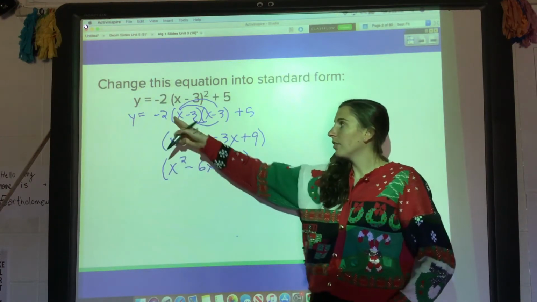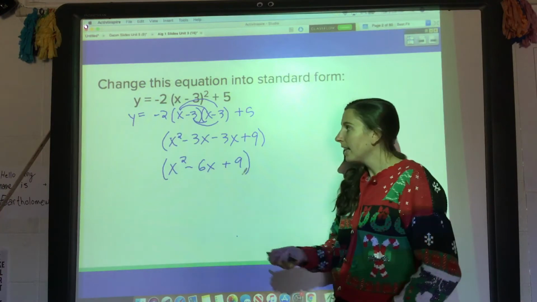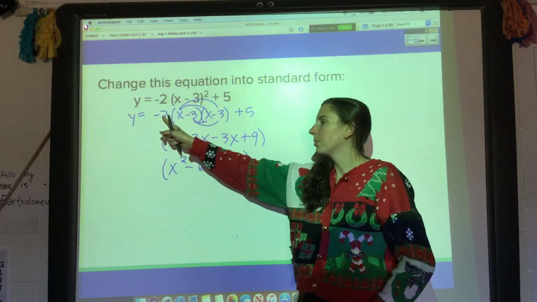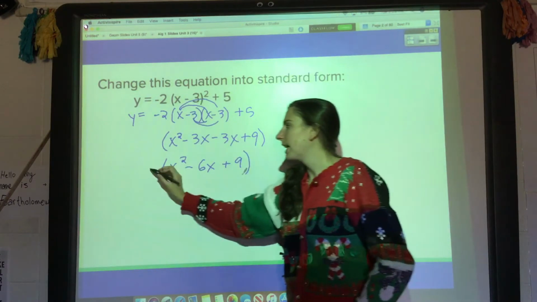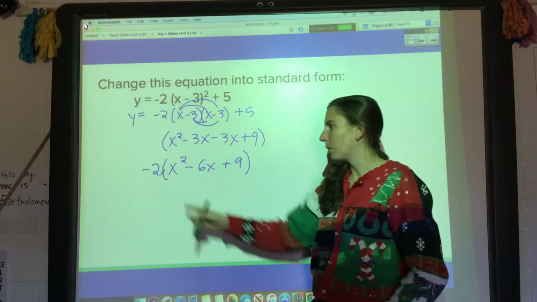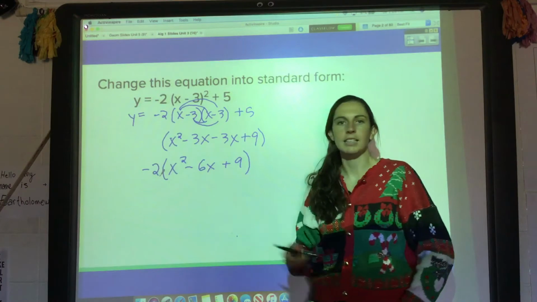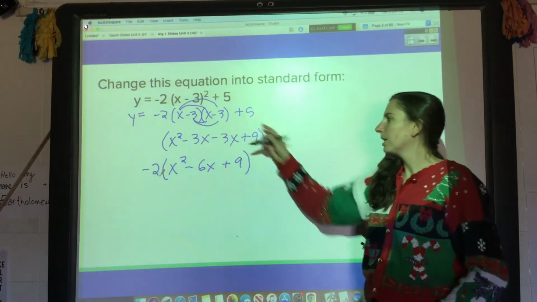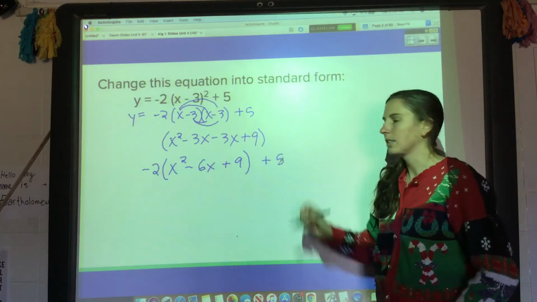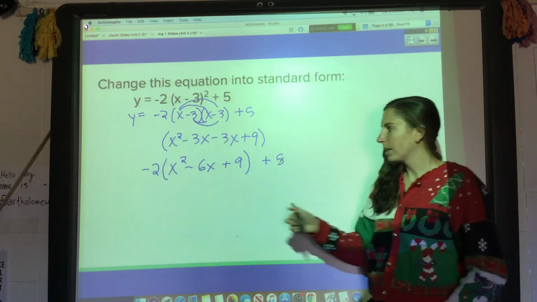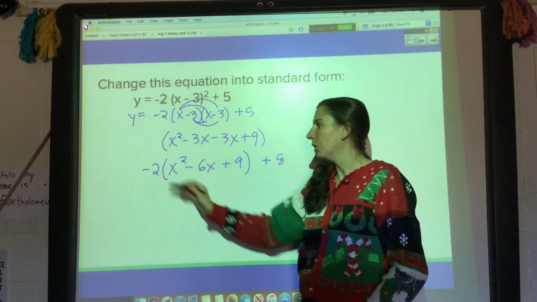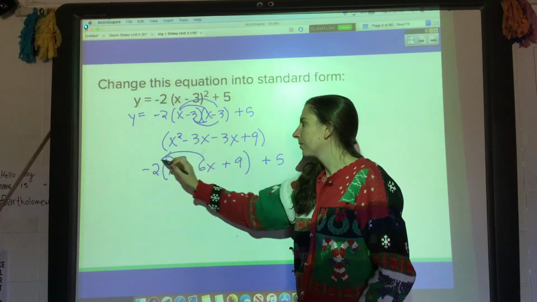You still have the negative 2 in front, and that negative 2 was being multiplied by everything in the parentheses originally, so the negative 2 still needs to be multiplied by everything in this set of parentheses here. The plus 5 is just on the end. Multiplication comes before addition, so I'm going to go ahead and multiply the negative 2 by distributing it out.